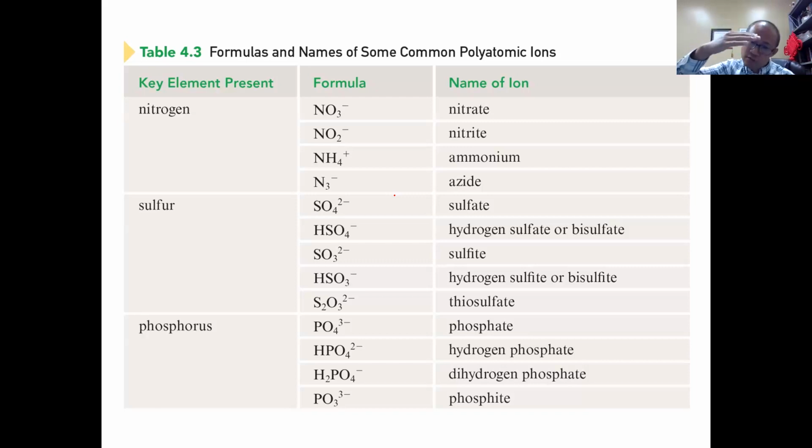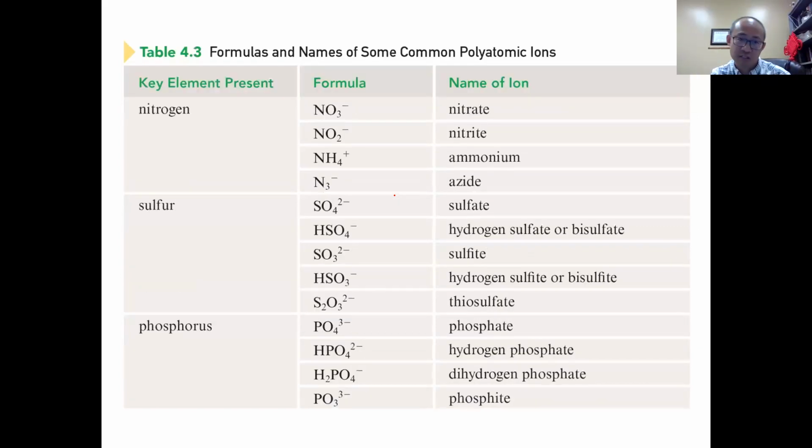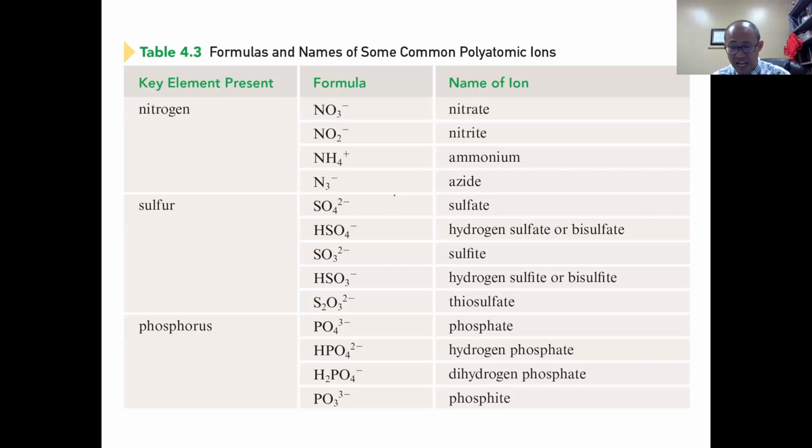They're classified in this chart by the main nonmetal atoms present, such as nitrogen containing ones, sulfur containing ones, phosphorus containing ones, carbon containing ones, chlorine, hydrogen, and the metals. Okay, these are the most commonly seen polyatomic ions. But again, each one has a formula, has a name, has a charge.